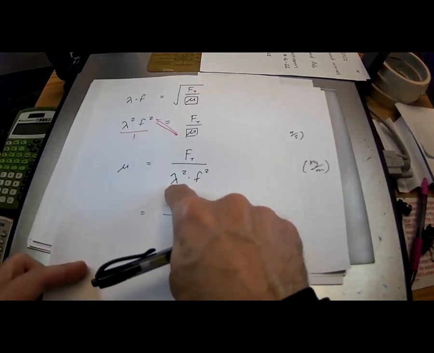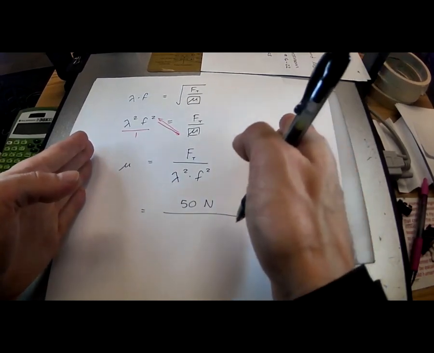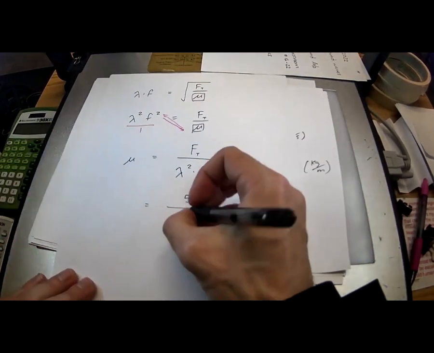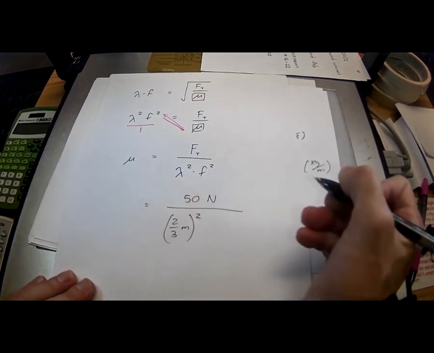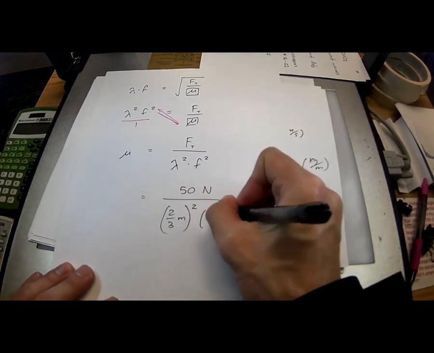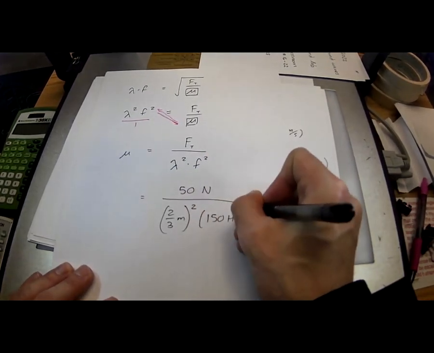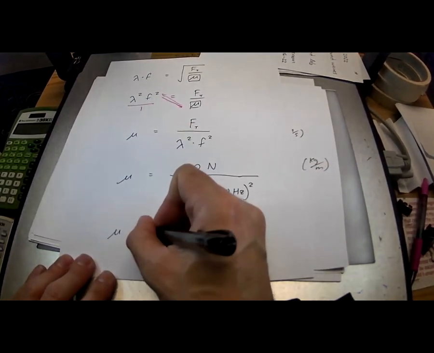The wavelength, well, remember the length of the string was 2 meters, but there were 3 full wavelengths. So it should be like 2/3 of a meter. That's getting squared. And the frequency was given as 150 hertz. Don't forget to square that. Okay. So I think this should give us the correct answer.